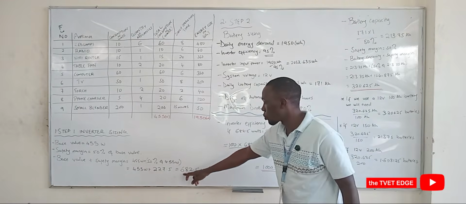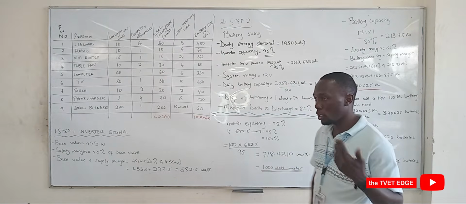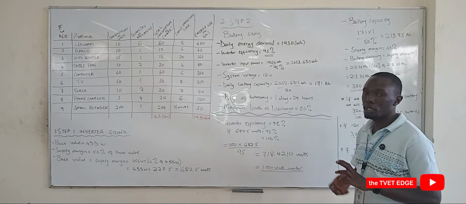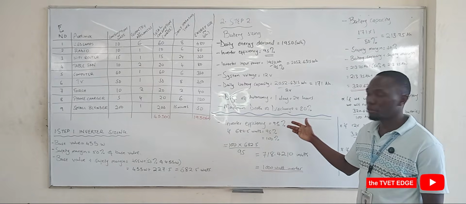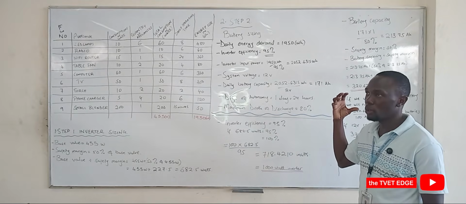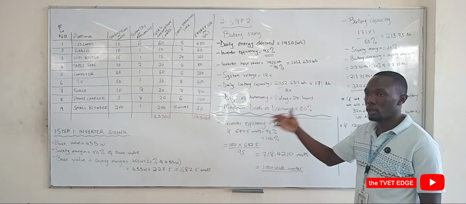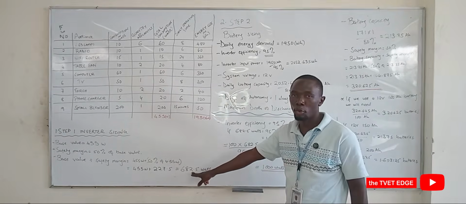Since it's supposed to allow 682.5 watts on the output, on the input side, because there are some system losses occurring, assuming our inverter is operating at 95% efficiency, it will pick a higher value and drop some for it to deliver 682.5 watts.